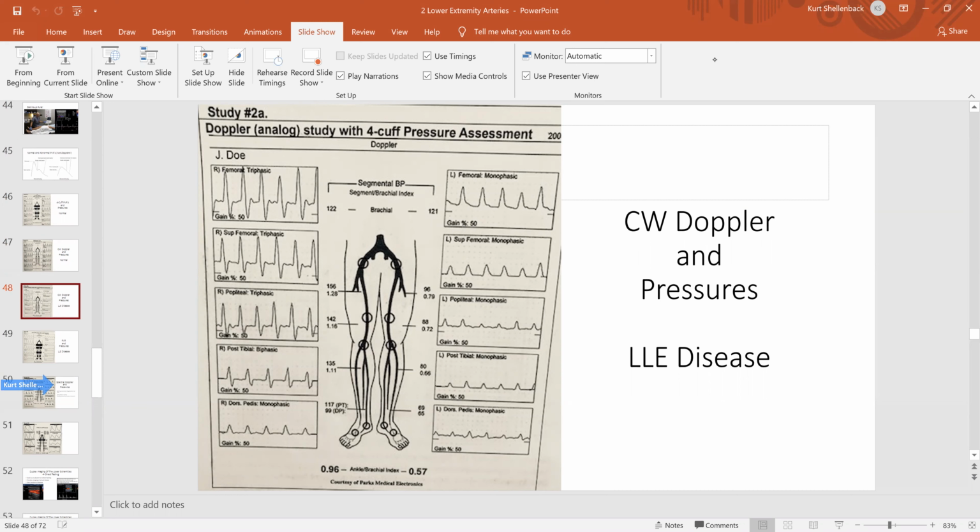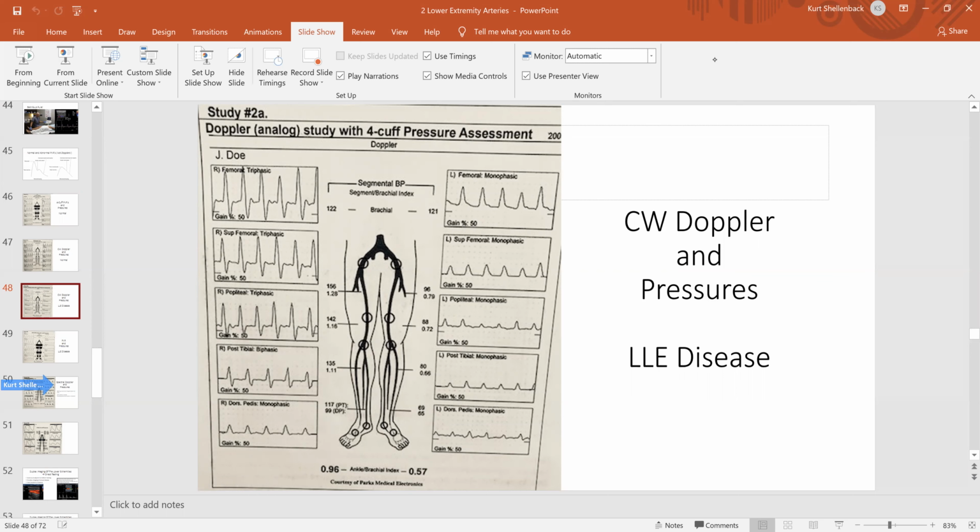Let's see. Ankle brachial index, the number all the way down on the bottom for the left leg is 0.57, so we know something's wrong. 0.96 on this side, so that should be normal. Right from the start, there's a problem, and it seems to get worse.